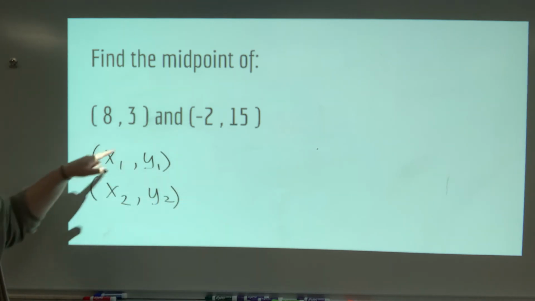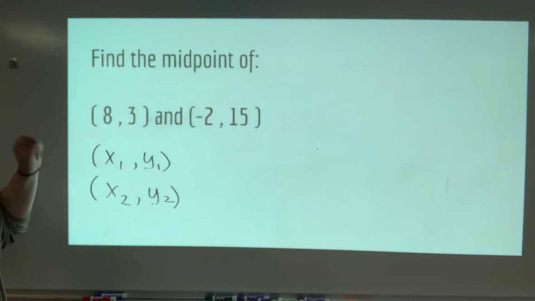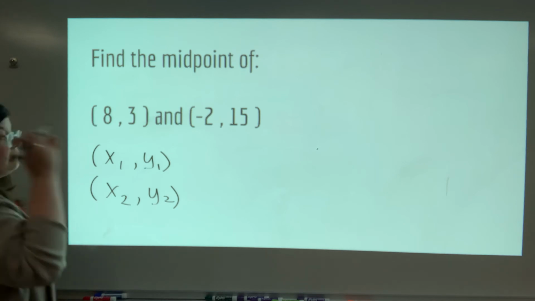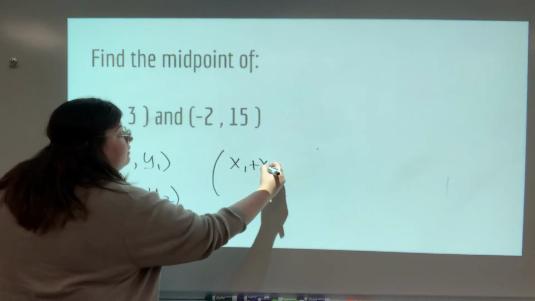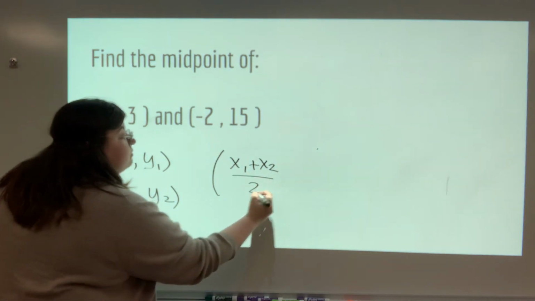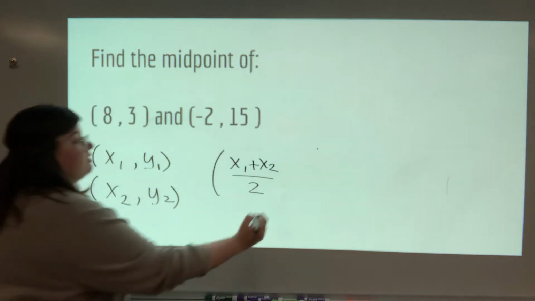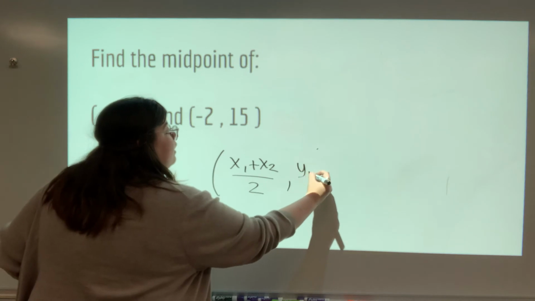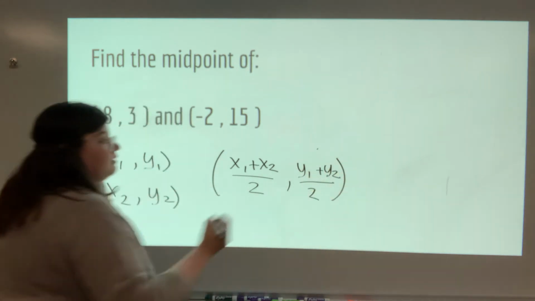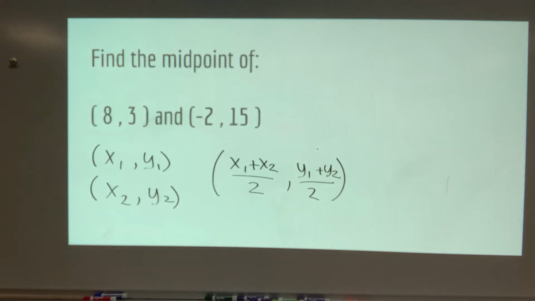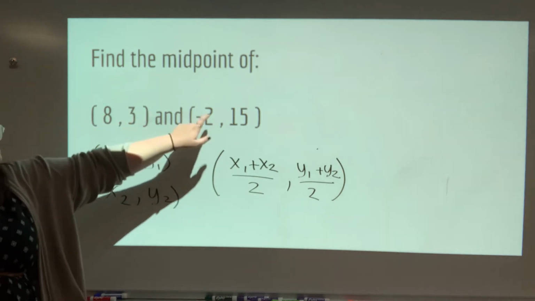Then the midpoint formula to find the exact middle between these 2 points in a coordinate grid: add the x's together and divide by 2, and also add the y's together and divide by 2.